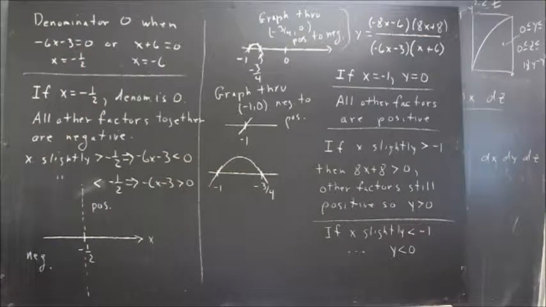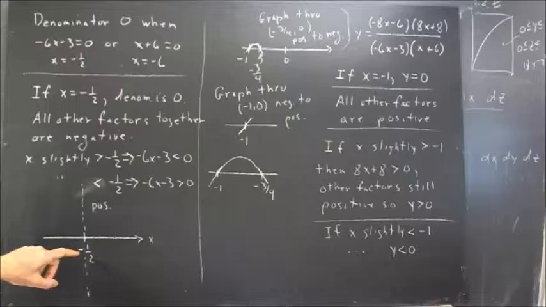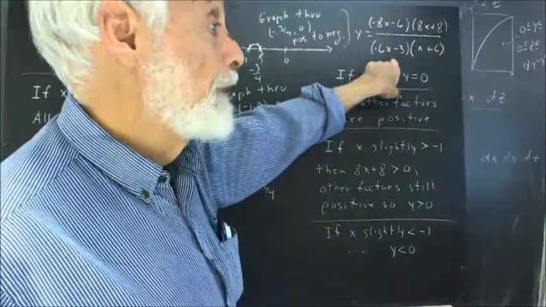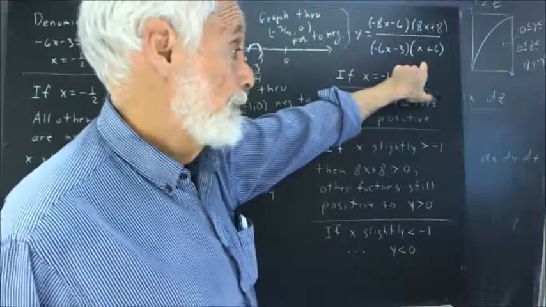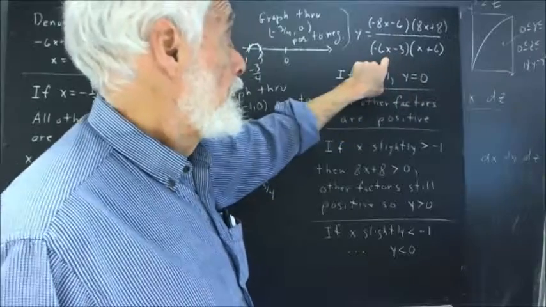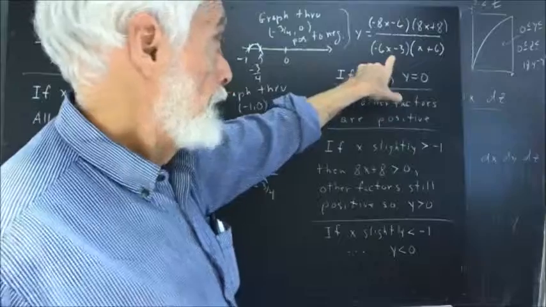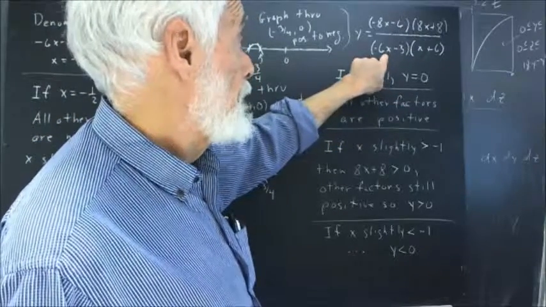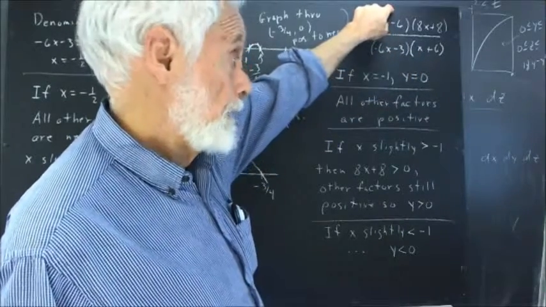What we have now is that near negative 1/2, the negative 6x minus 3 is near 0. You can check it out: none of these other factors are going to be anywhere close to 0 at x equals negative 1/2 or anywhere in the near vicinity, so the denominator is going to be close to 0 and the numerator is not going to be close to 0.